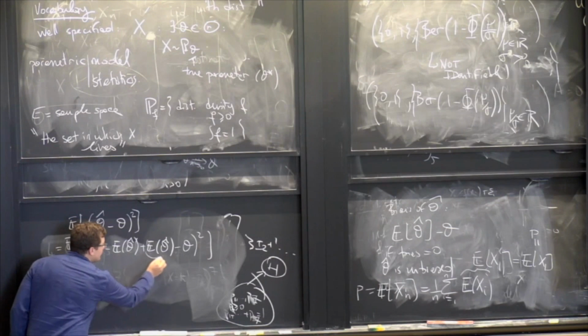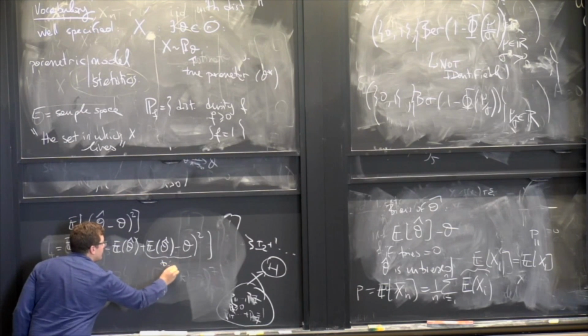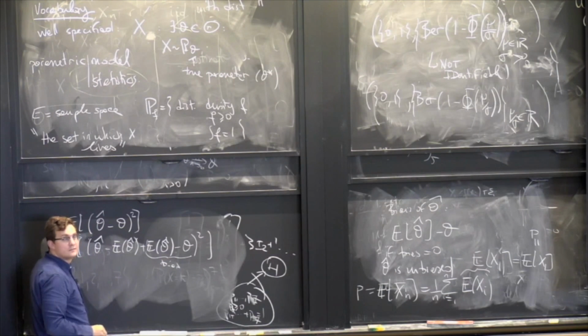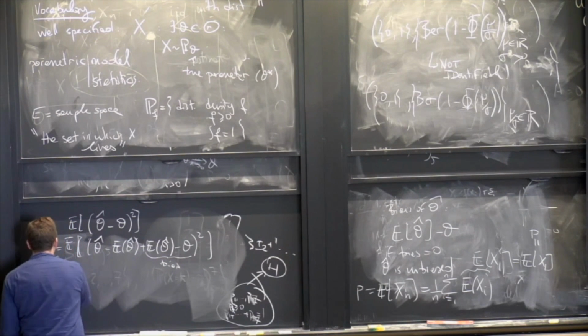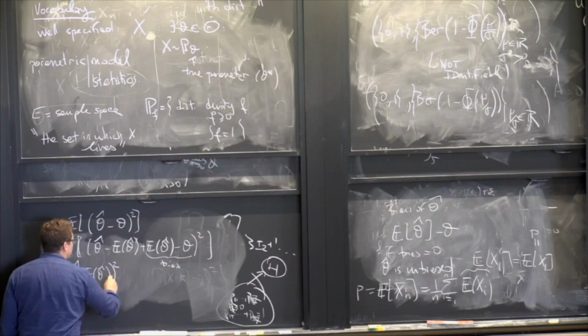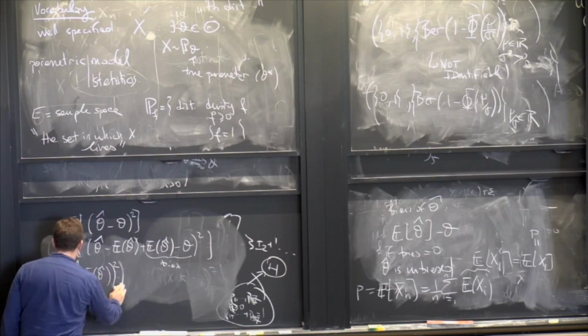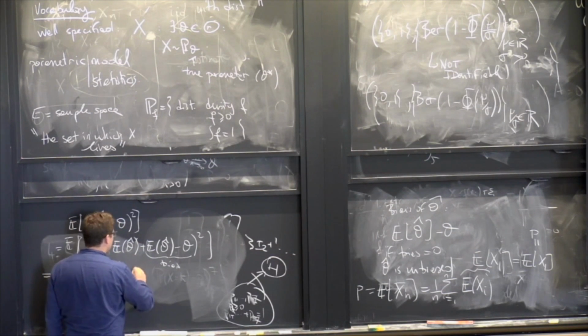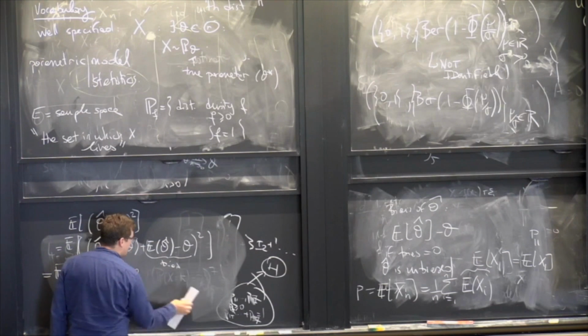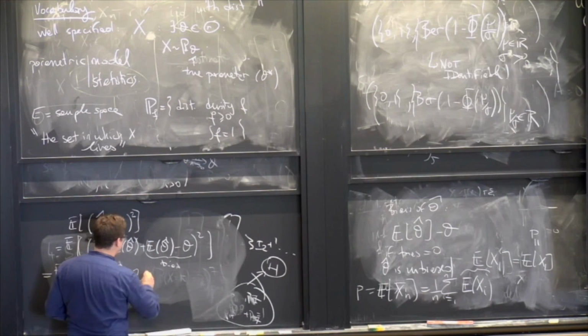Now, this guy is my bias, right? So now let me expand the square. So what I get is the expectation of the square of theta hat minus its expectation. I should put some square brackets. Plus 2 times the cross product. So the cross product is what?